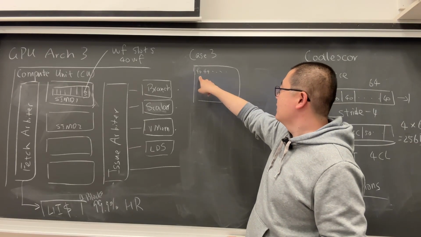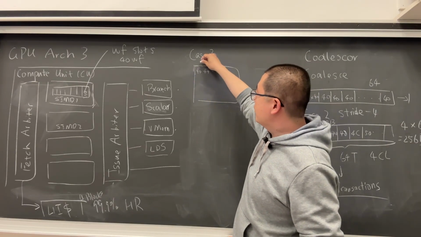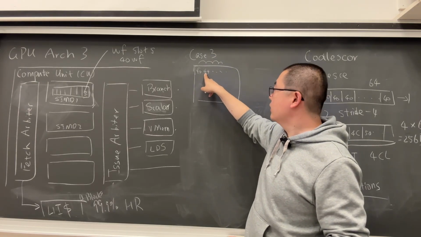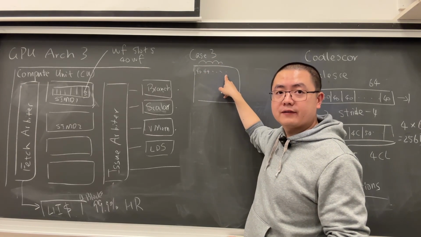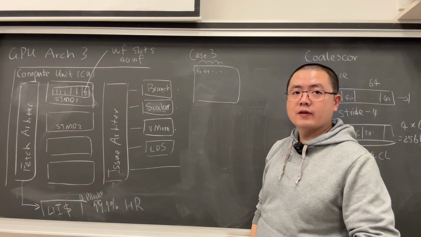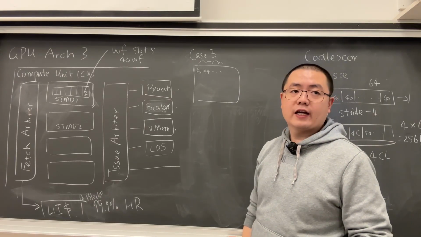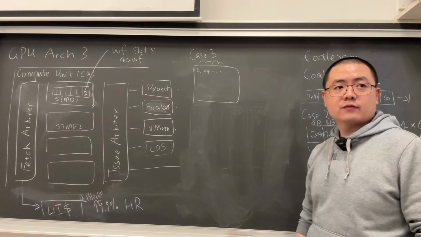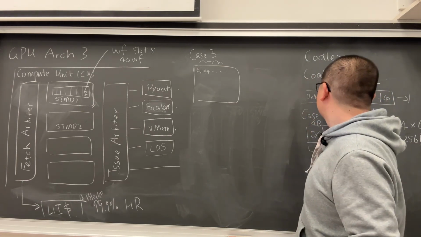No problem then. If our stride is going this way, so adjacent threads are loading this part of memory, we can coalesce, no problem. That's case 2, which I'll call standard.